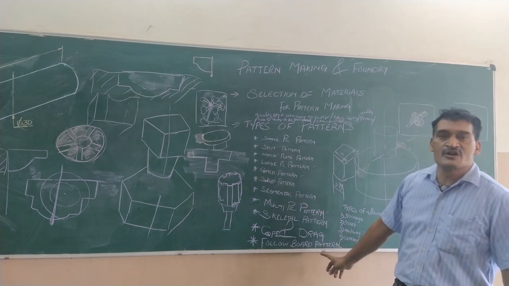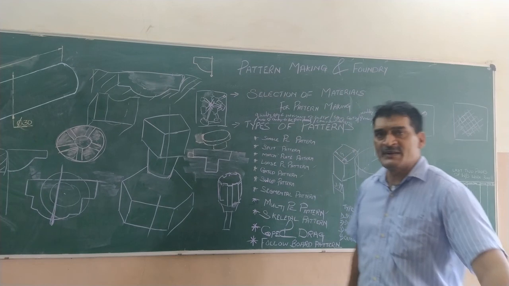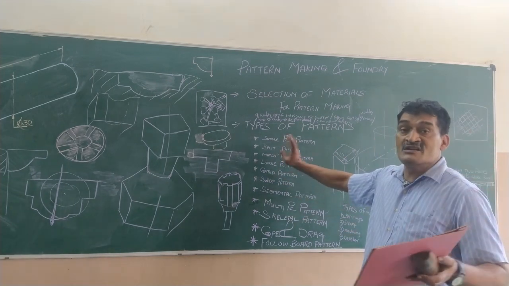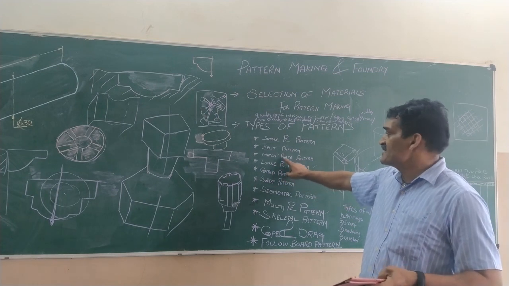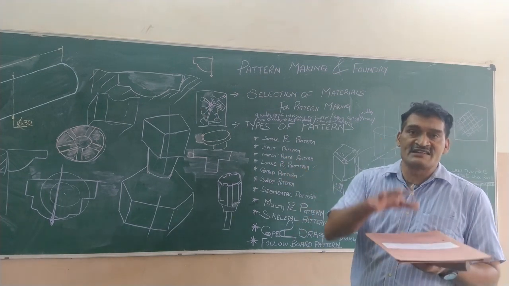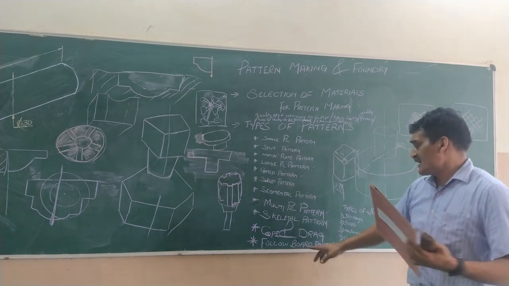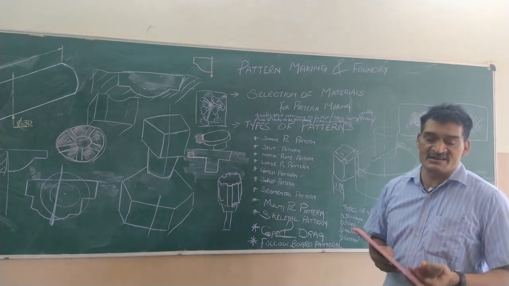The next is your follow board pattern. Follow board pattern is similar to match plate pattern. The only difference is, in match plate you have two halves on either side. But now let's define a follow board pattern.